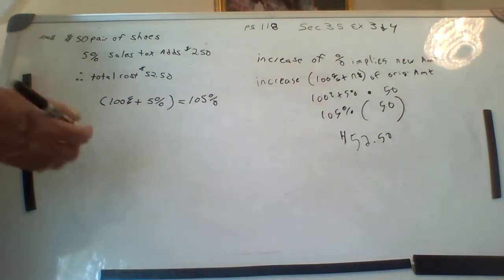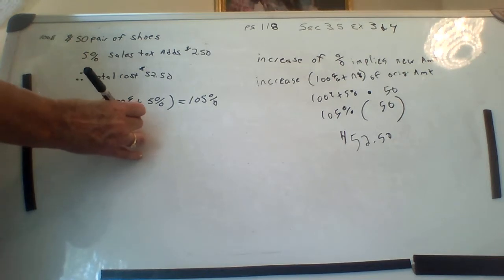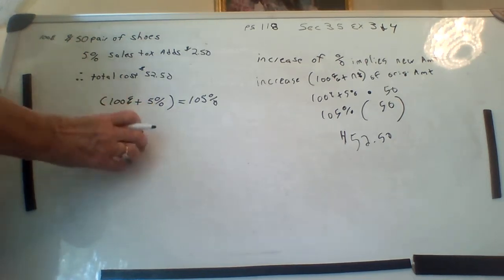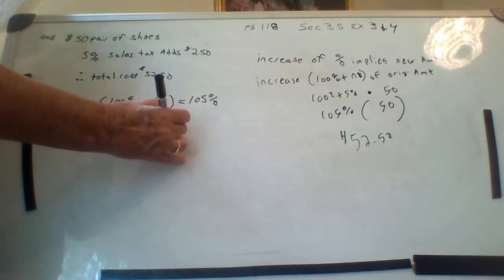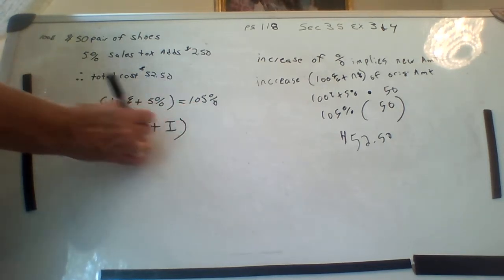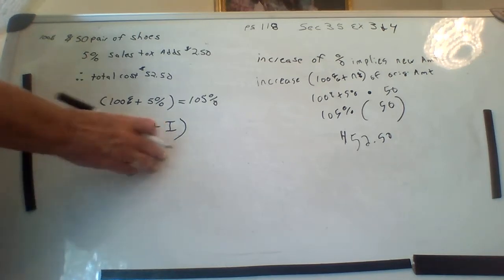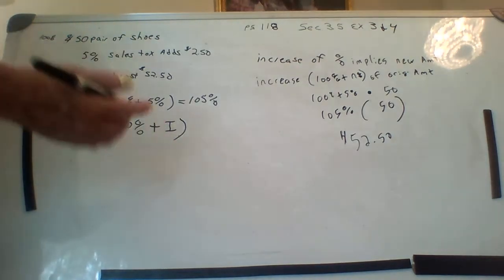The decrease works the same way. So what they've just said is if you have 100%, that's what that represents, whatever the total item is, plus whatever the percent increase is. Okay? And in this case, the opposite.